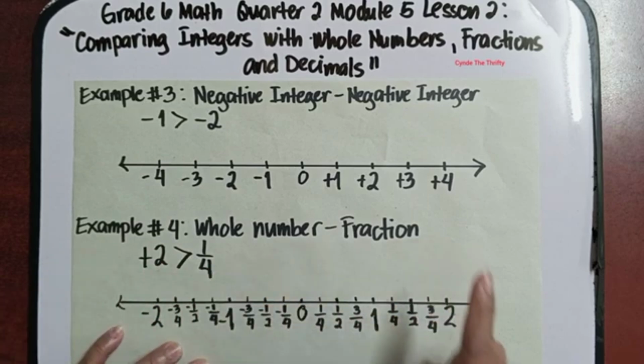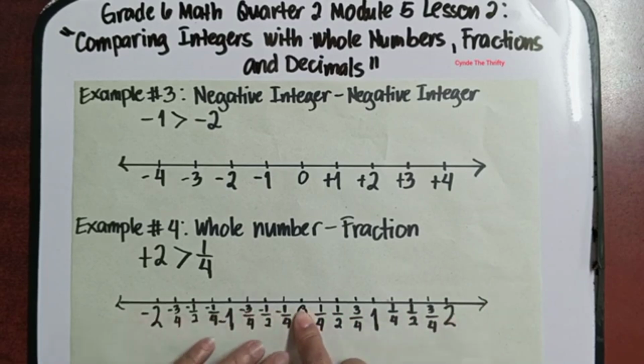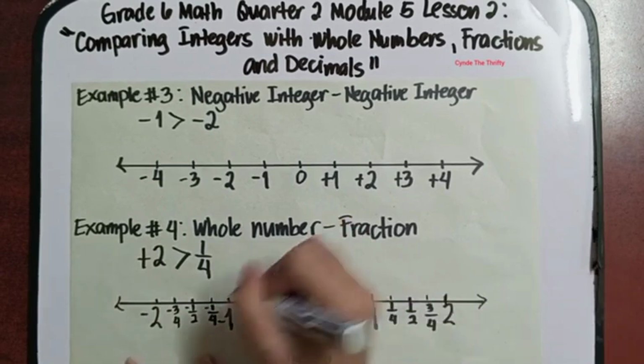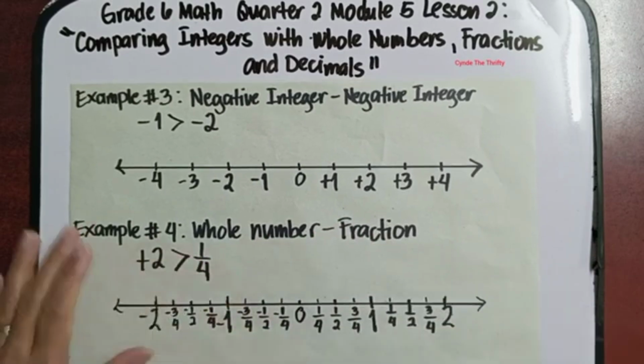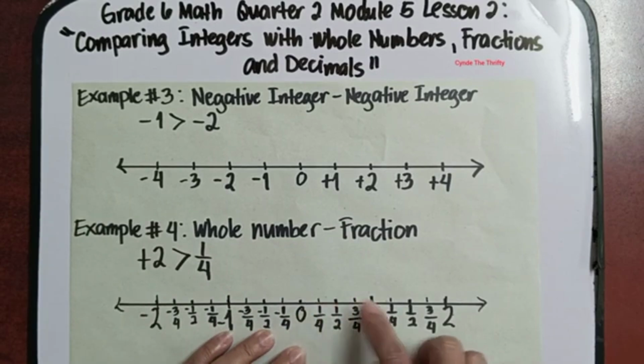Okay, so let's look at our number line. Here is 0. Of course, the right side is positive, and the left side is negative. Here is our 1, here is 2, here is negative 1, here is negative 2. Now, from 0 to 1 we have 1/4, 1/2, 3/4, then 1.